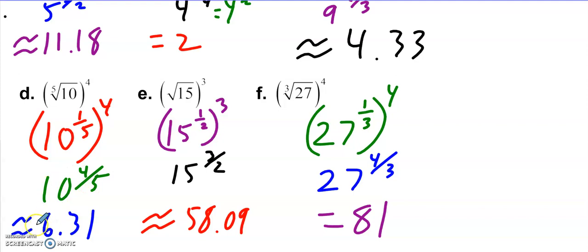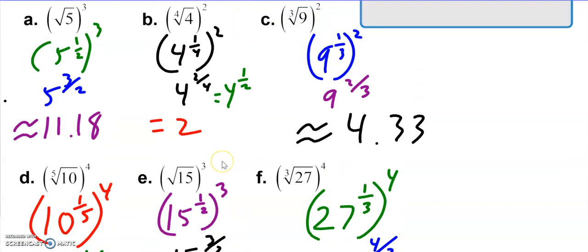If I type this into my calculator, it's approximately 6.31. The square root of 15 to the 3rd, it's 15 to the 1/2 to the 3rd power, which is 15 to the 3/2, which is approximately 58.09. The cube root of 27 to the 4th is 27 to the 1/3 to the 4th power, which is 27 to the 4/3, which is 81.